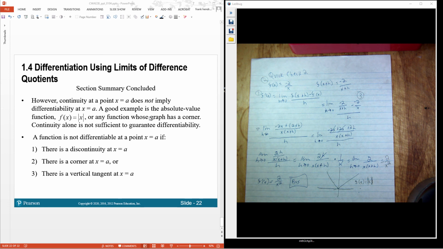However, continuity does not imply differentiability, the absolute value function for example. A function is not differentiable at a point a if there's a discontinuity, a corner, or a vertical tangent at that point.